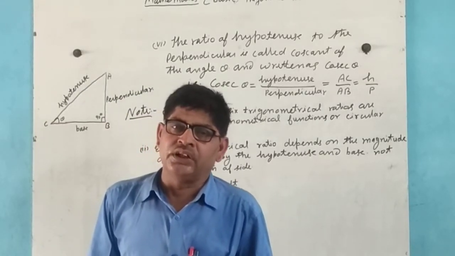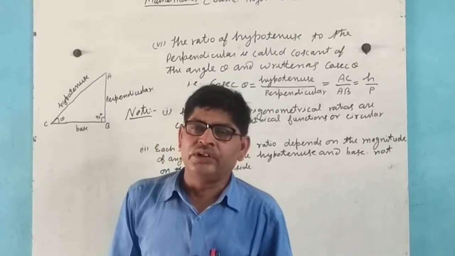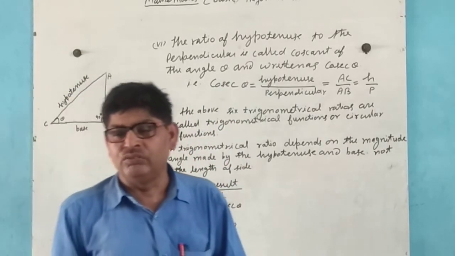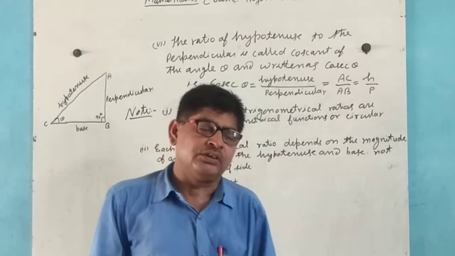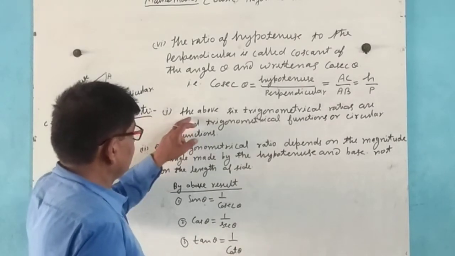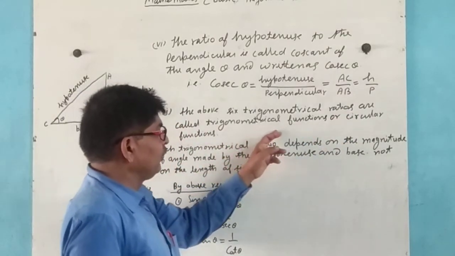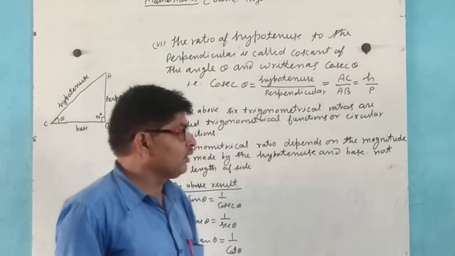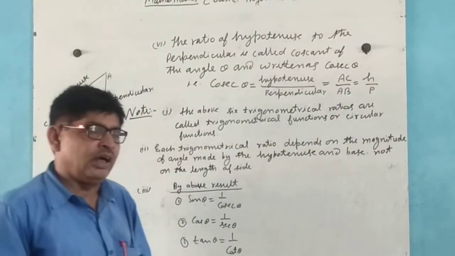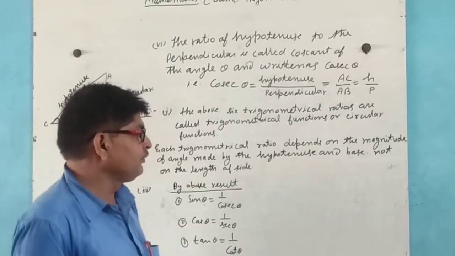It means that we see these six relations, sin theta, cos theta, tan theta, cot theta, sec theta, and cosec theta, are the ratios of sides of triangles, and with the help of this we observe some results. Note that the above six trigonometrical ratios are called trigonometrical functions or circular functions.